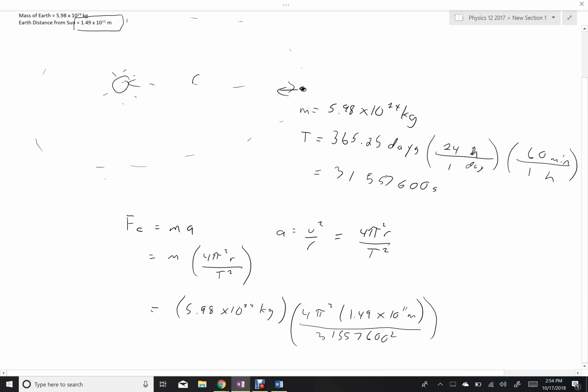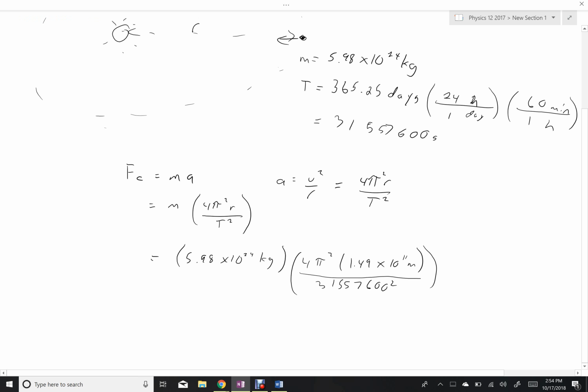Okay, let's see if I can get this right in the first try here. 5.98 exponent 24 times 4 times pi squared times 1.49 exponent 11 divided by 31,557,600 divided by 31,557,600. Oh no.